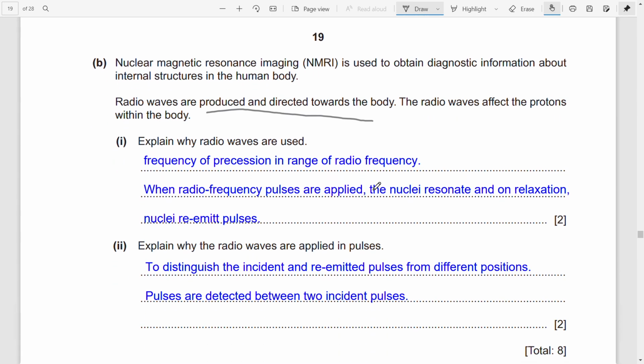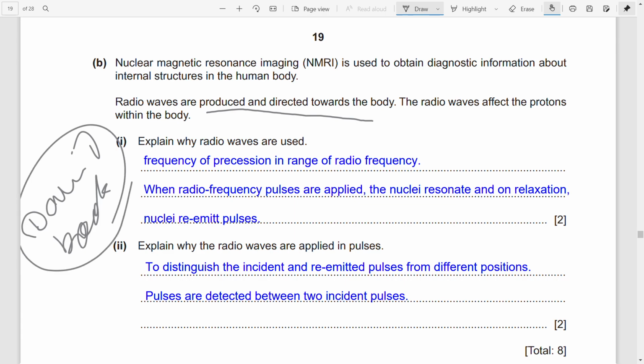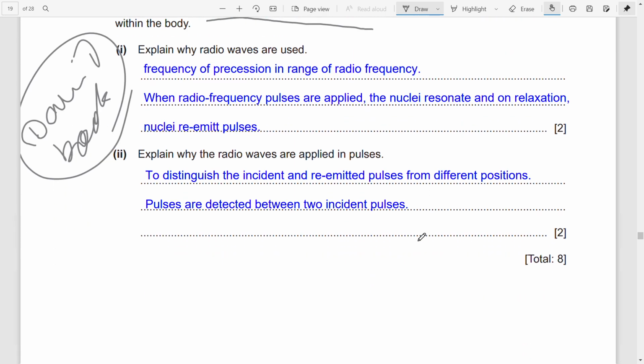Why are radio waves used? Because radio frequencies are non-harmful. When radio frequency pulses are applied, the nuclei resonate, and on relaxation, nuclei re-emit pulses. For this one, go through the David Sang book, where you can see a well-written answer.